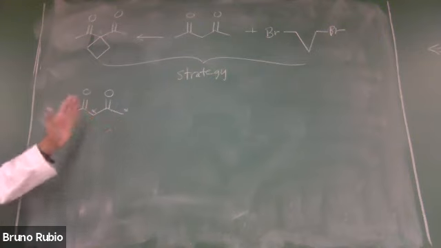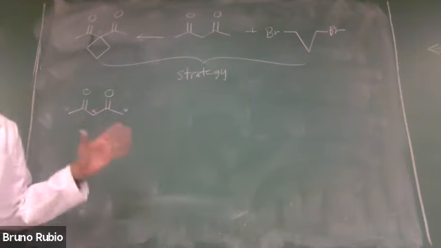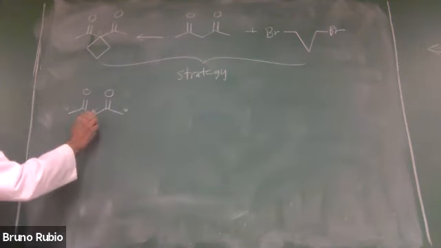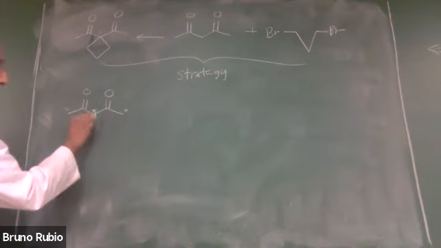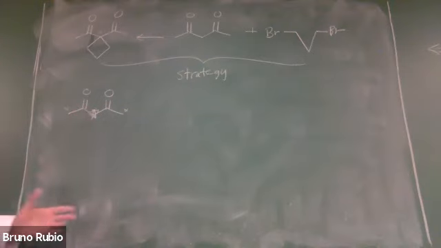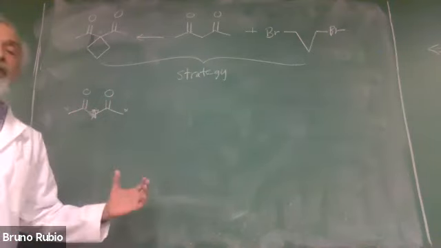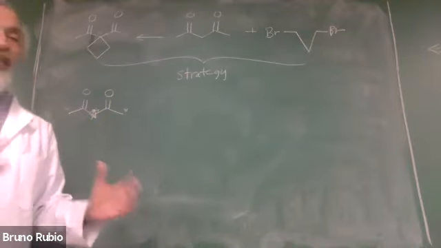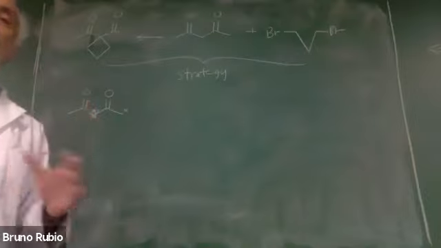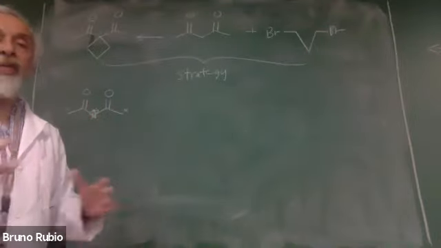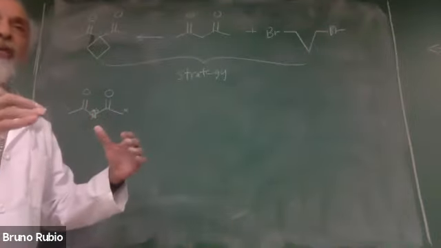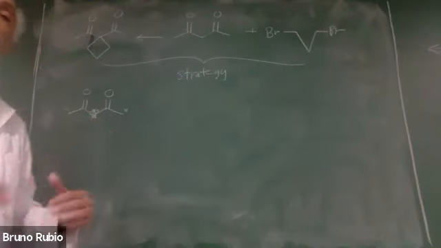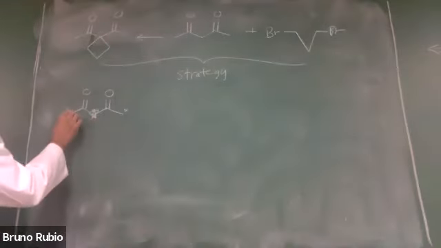Well, the way this molecule knows is because this guy here, that's where my star is going to be, is bis alpha. It is alpha to 2 carbonyl groups. It's much more acidic, by about 8 orders of magnitude, than a proton that is next to just 1 carbonyl.